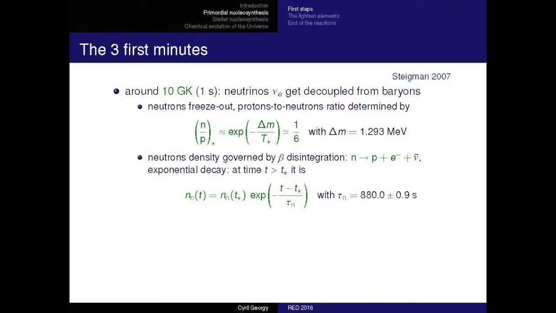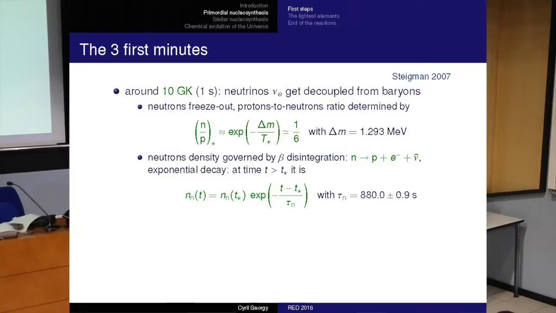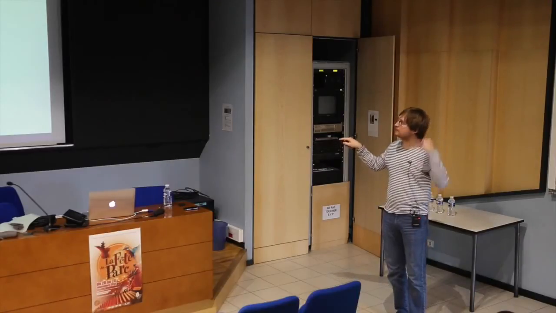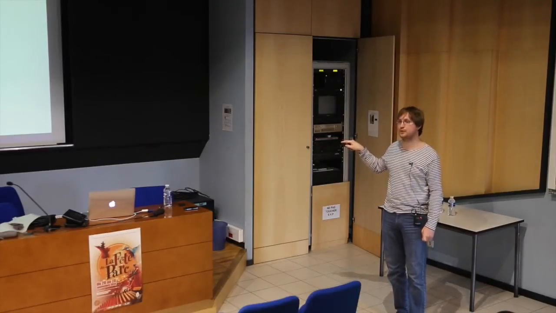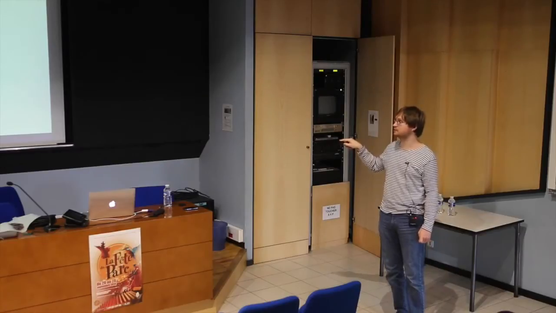So after 1 second, the temperature drops to 10 billion kelvins, and then the electronic neutrinos get decoupled from the baryons. This event is called the neutron freeze-out, and at that time it fixes the proton to neutron ratio in the universe. This ratio is determined by the difference of mass between the protons and the neutrons.